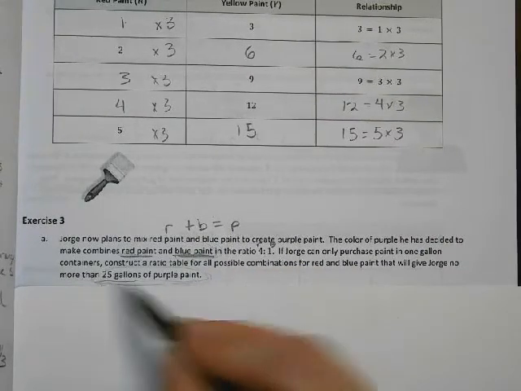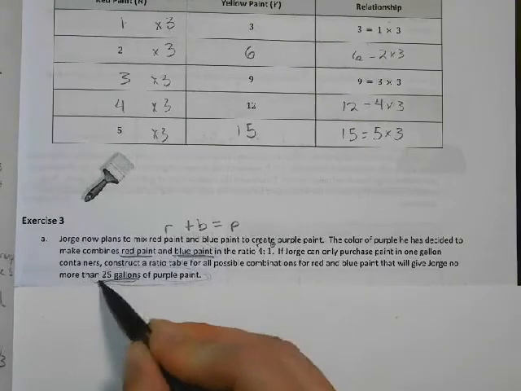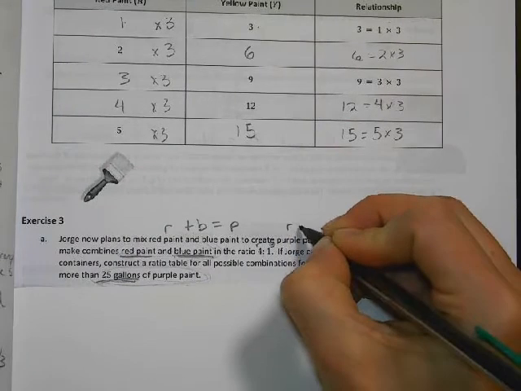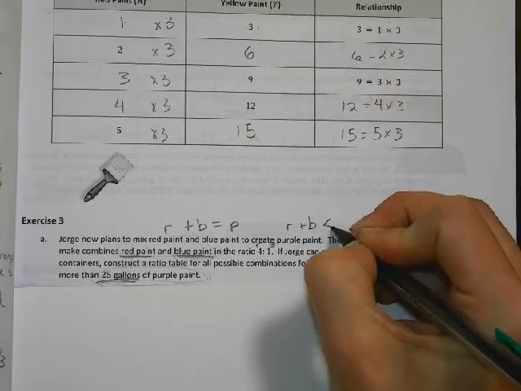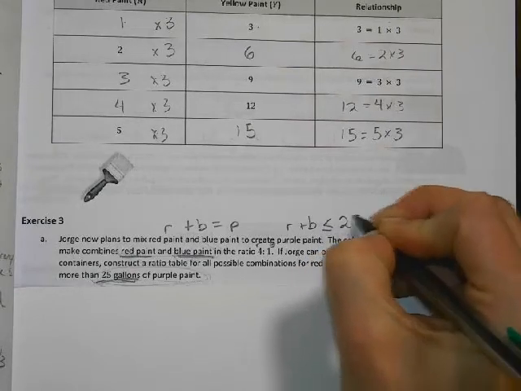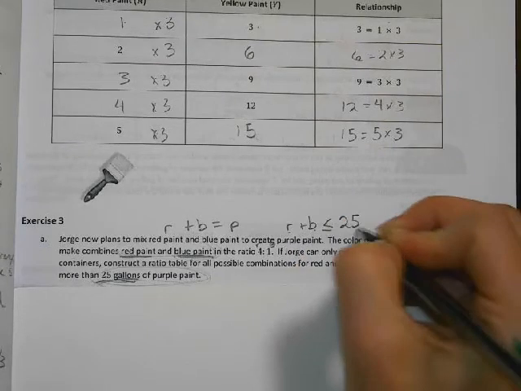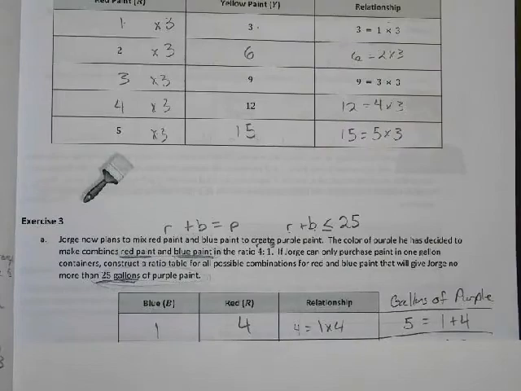Based off what this is saying, that he cannot get more than 25 gallons, that means that my red paint plus my blue paint has to be less than or equal to 25. So no matter what these two are, when they're added together, they cannot be more than 25. So we have a table below, and we're going to show this happening on that ratio table as you create it.